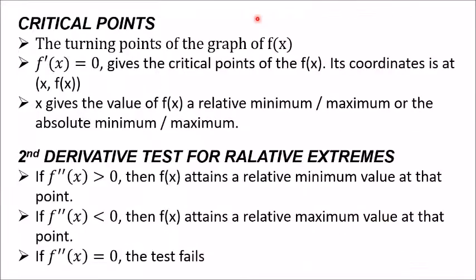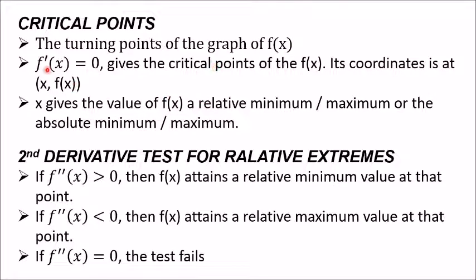We have what we call the critical points of the graph. This is the turning points of the graph of the function. So, tulad nung pinakita ko sa inyo na graph kanina, kung saan nagta-turn yung graph, yun yung mga critical points. Usually, maximum, relative minimum. So, turning points.